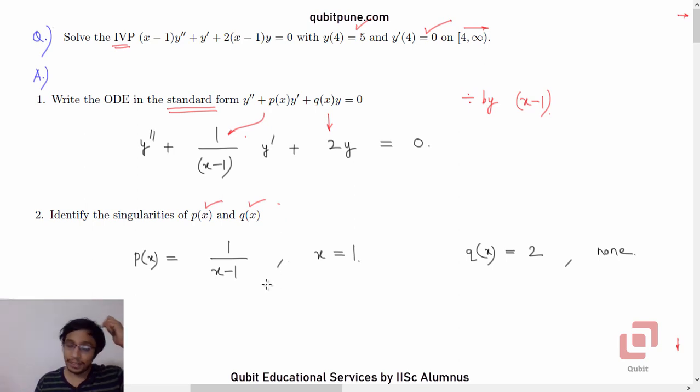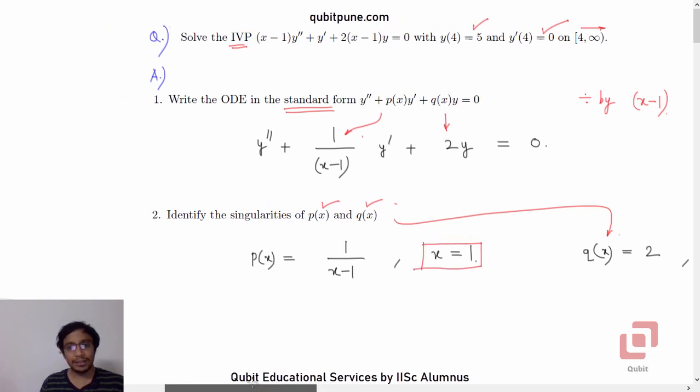So let's first talk about q of x. Now q of x is a constant function 2 because it already had the factor x minus 1 which got cancelled. So will this have any singular point? No, none of them. But as far as p of x is concerned, which is 1 upon x minus 1, there is one singular point, that is x equal to 1.